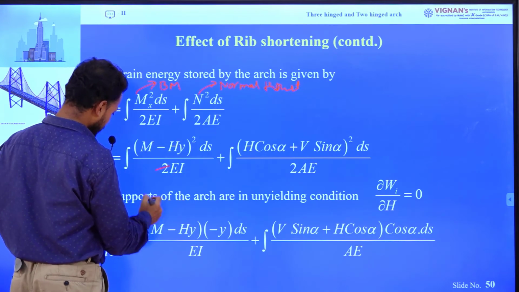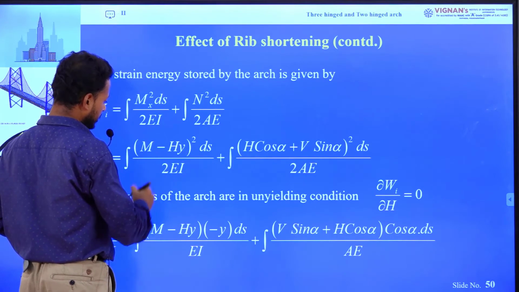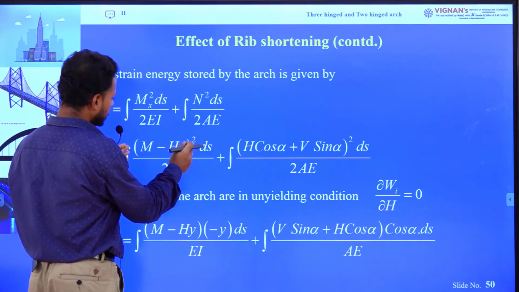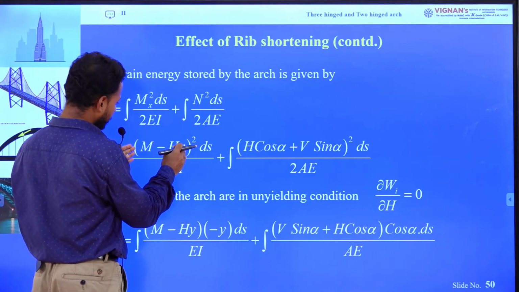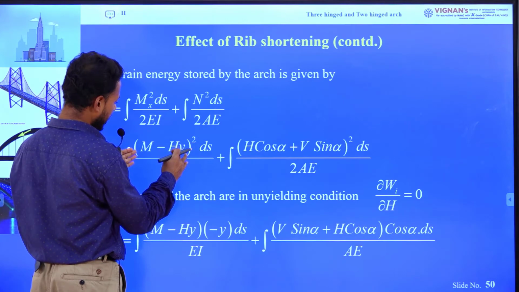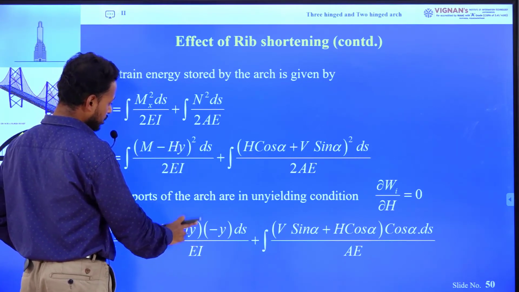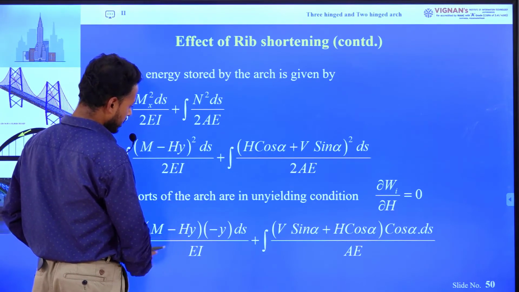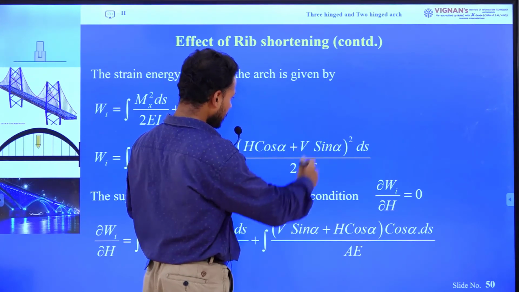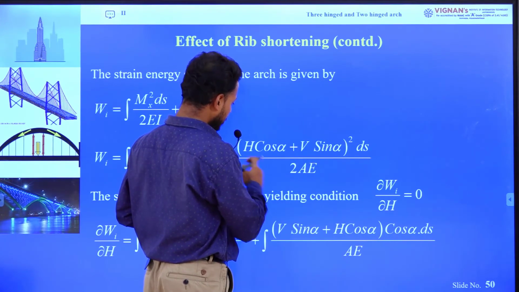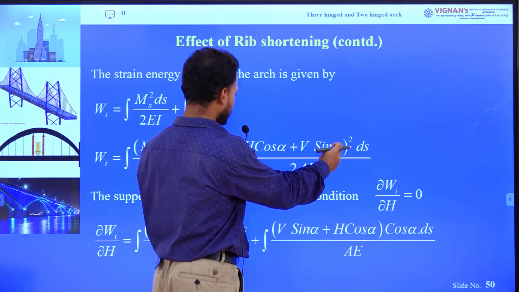The derivative of this function is into minus y. So M minus Hy into minus y ds by EI, plus the derivative of this function, which is also like x square, so the derivative is 2x, and these 2 and these 2 will be cancelled.